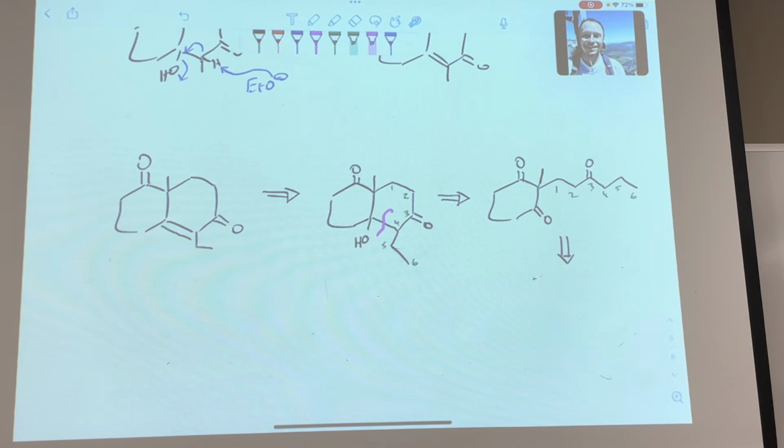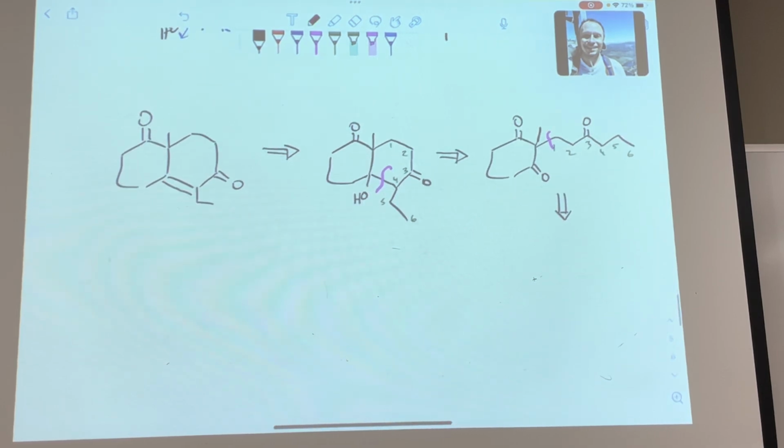Mm-hmm. Yeah, exactly. We're looking for that 1,3 dicarbonyl system. So right here, that's looking like it could be a reasonable Michael donor. So then the disconnection that we're going to make is there. So the Michael donor could be that.